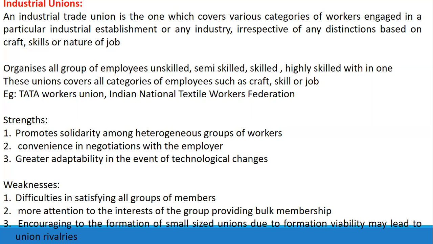Let us try to understand what are the strengths of these industrial unions. Industrial unions promote solidarity among heterogeneous groups of workers. They provide convenience in negotiations with the employer, and they have greater adaptability in the event of technological changes because of their type of combination of members in the union.